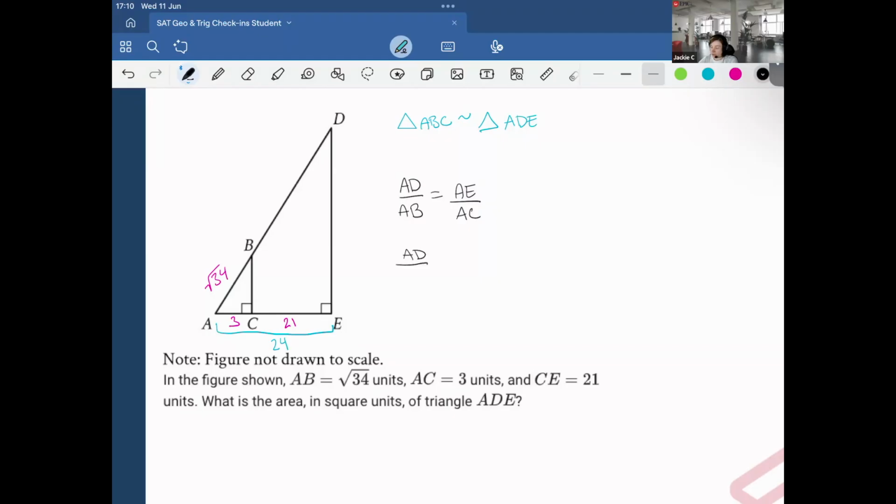Well, I don't have AD, but I have AB is root 34. I have that AE is 24, and AC is 3. And then we can do 3AD is equal to 24 multiplied by root 34. So I get that AD is equal to 8 root 34.